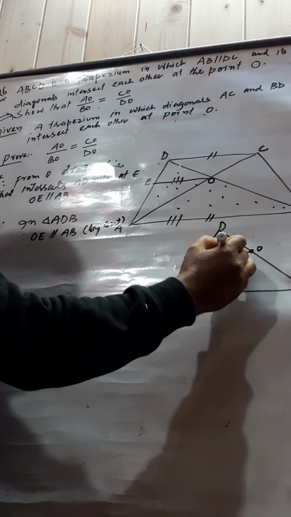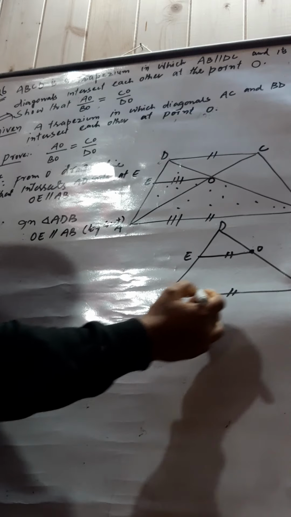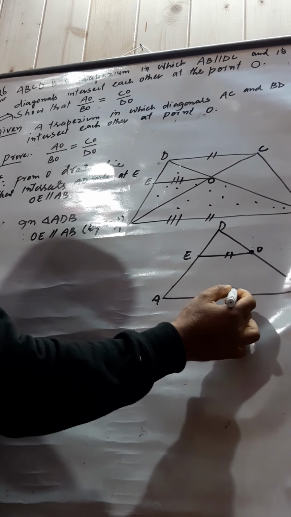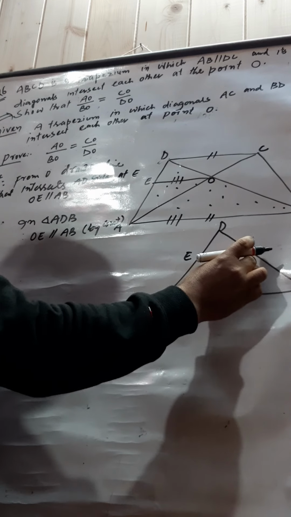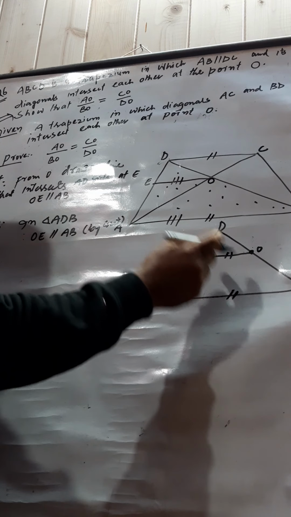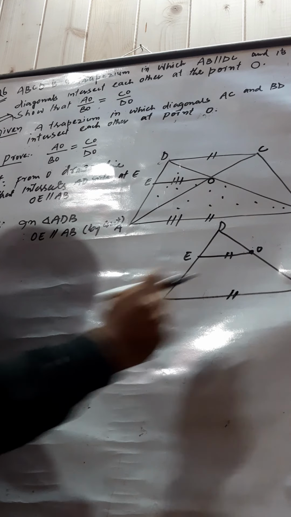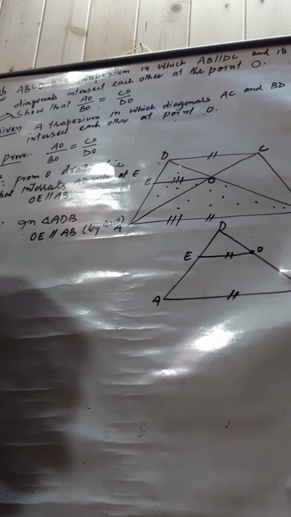Once in a triangle we have drawn a line segment parallel to one of the sides of the triangle, that means if OE is parallel to AB, then as per the basic proportionality theorem, the remaining two sides will be divided in the same ratio.